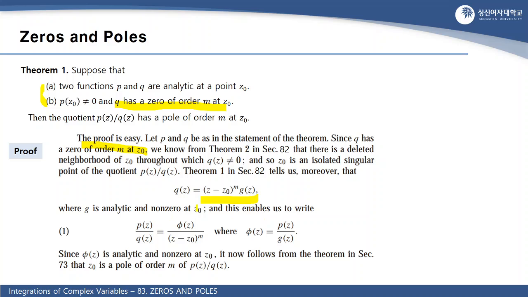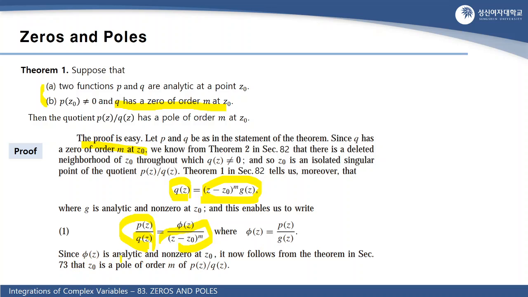With this, we can write the quotient P of z divided by Q of z as, where Q of z is replaced by this left hand side, this, where pi of z is defined by P of z divided by g of z.